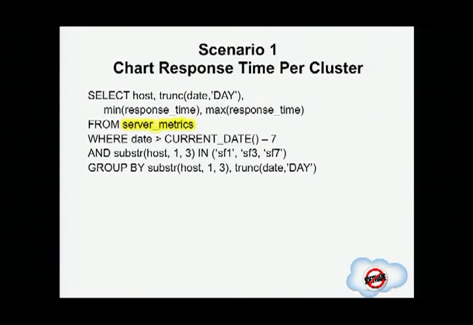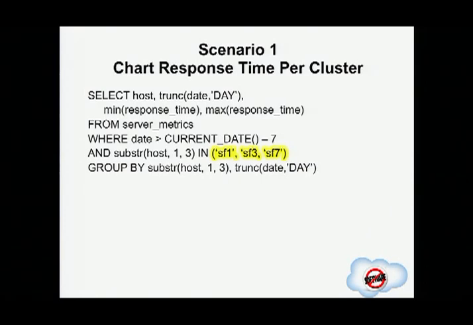Okay, so the first example. This is what the query would look like. Pretty ordinary query. You're selecting from your server metrics table, and let's say you want to look at the last 7 days worth of data. So you're taking any date greater than the current date minus 7.